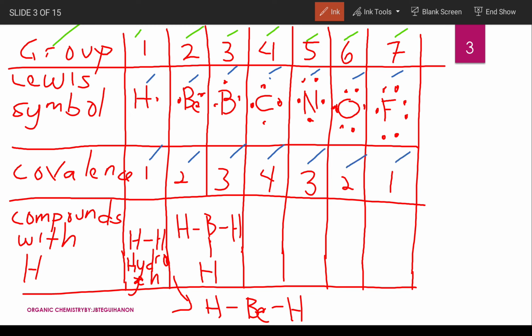And then we have drawn the compounds with hydrogen, how they look and what the symbol is.